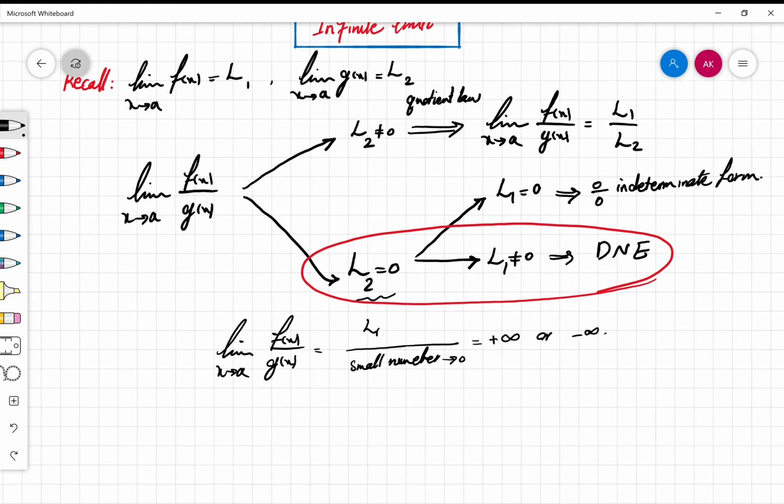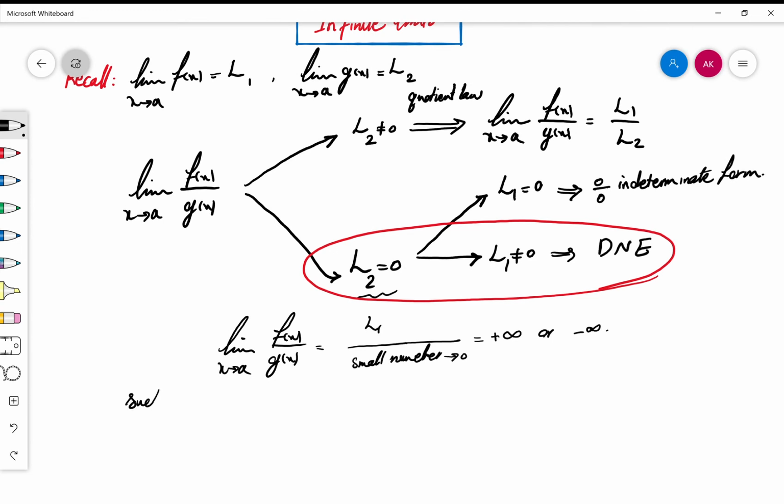Such a limit is called infinite limit. When the limit of the numerator is non-zero and limit of the denominator is 0, we have infinite limit.